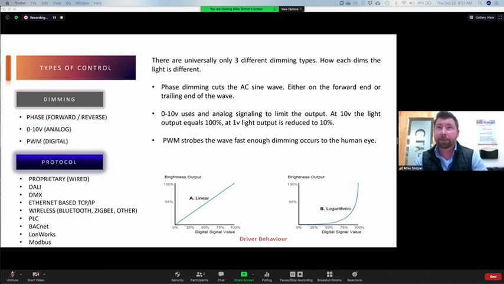We'll touch on some Dolly, some DMX, PoE, Ethernet-based systems that use communication protocols to tell pulse width modulation drivers to dim the actual LED fixtures. This allows for seamless digital balance and control.